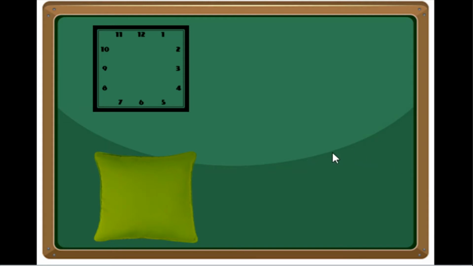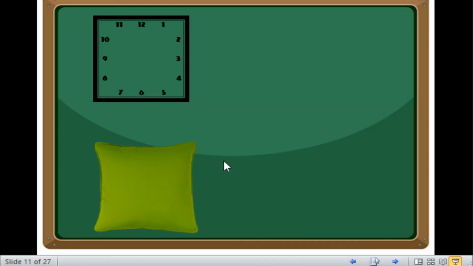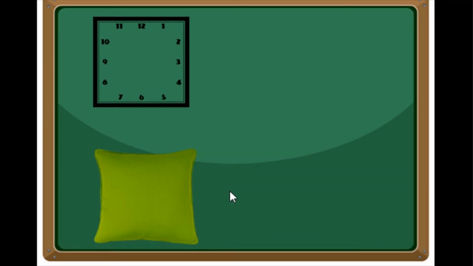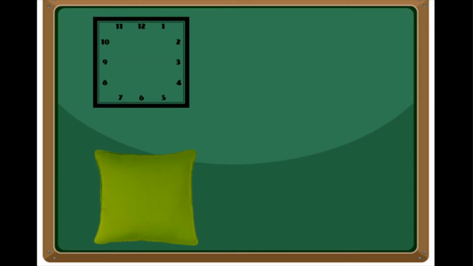Our first 2 pictures are a clock and a pillow. Let's have the clock first. Is the clock a square or a rectangle?